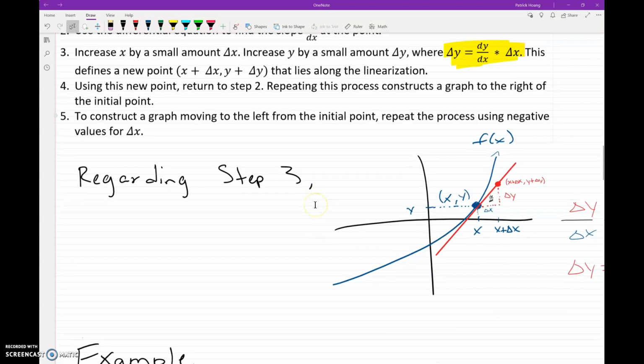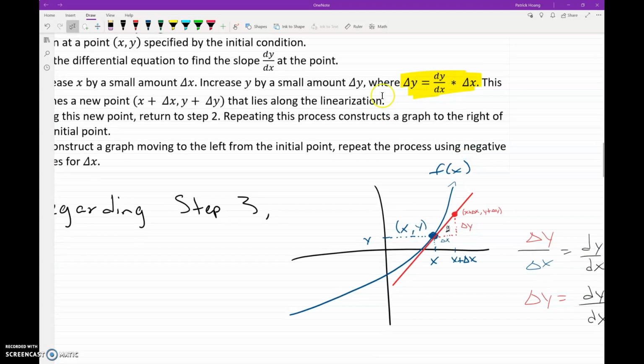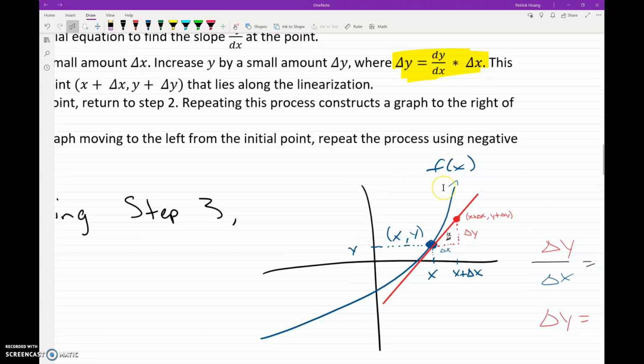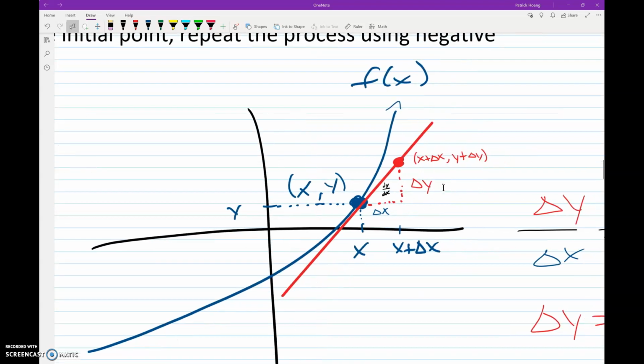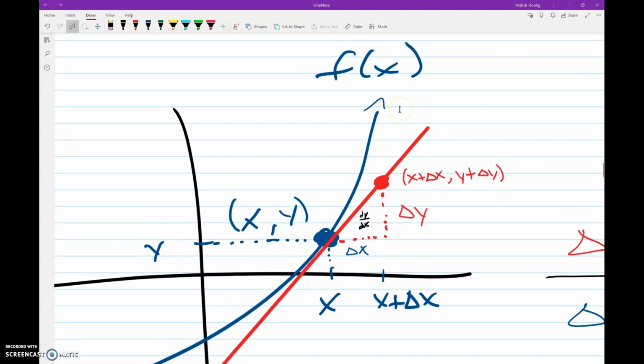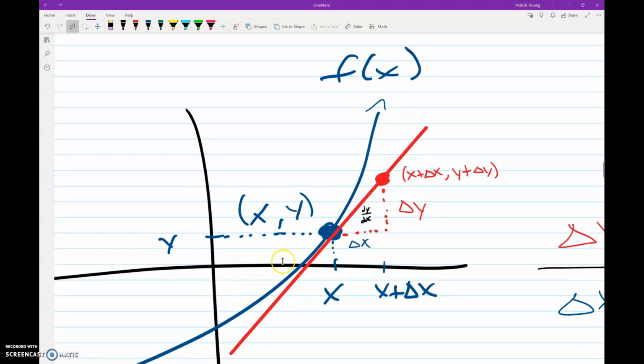But what I wanted to talk about is this highlighted part, this delta y. Why is delta y equal to dy/dx times delta x? So let's zoom in over here. This is our function, f of x in blue. We have some point here, x comma y, our initial value. And let's say we move to the right some arbitrary delta x.